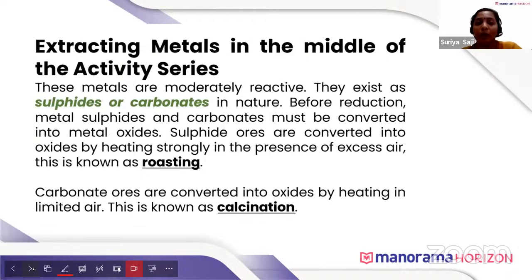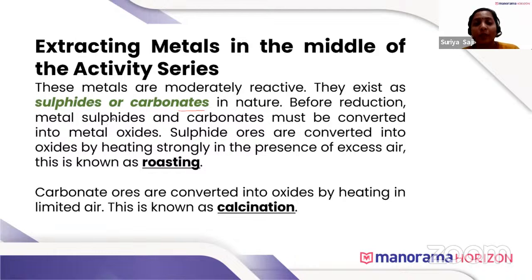Extracting metals in the middle of the activity series. These are moderately reactive. They exist as sulfides or carbonates. We already discussed that middle reactivity may be sulfide ores and carbonate ores. First we will convert these metal sulfides and metal carbonates to metal oxides.